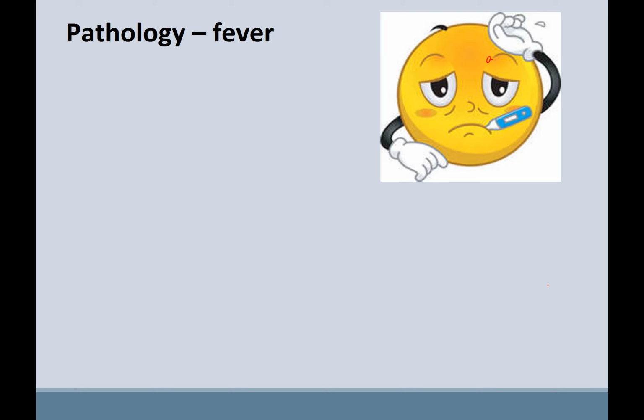Fever. Fever just means raised body temperature. And a high fever can vary from person to person. The reason our body temperature raises is they're trying to damage the pathogen.